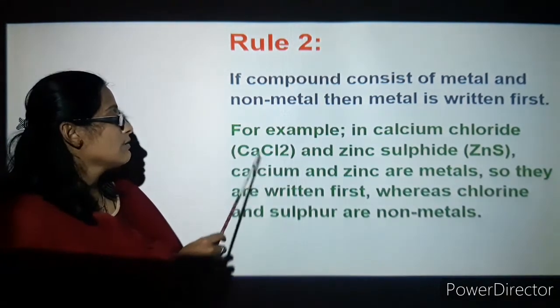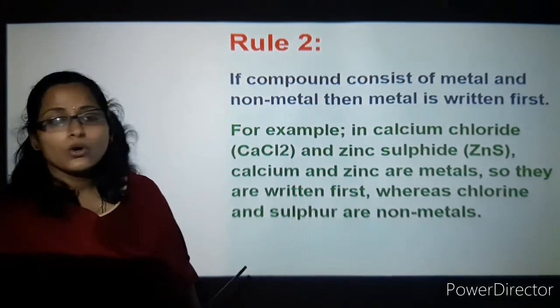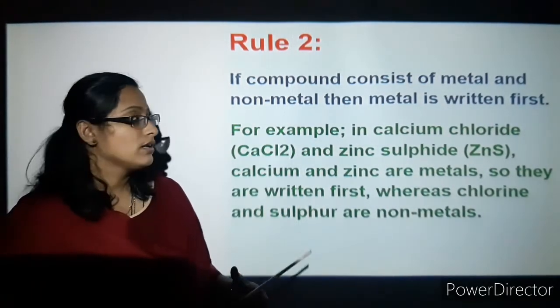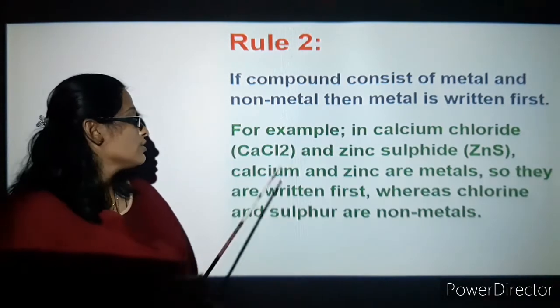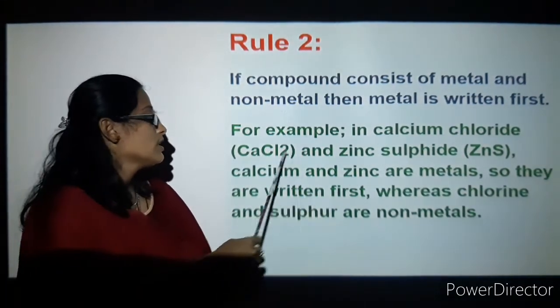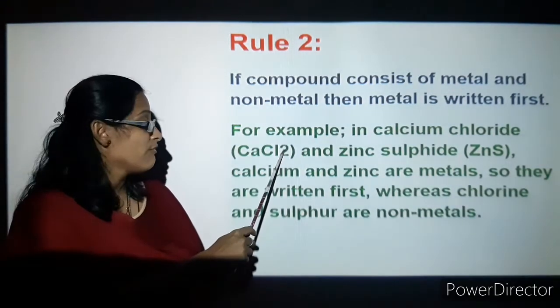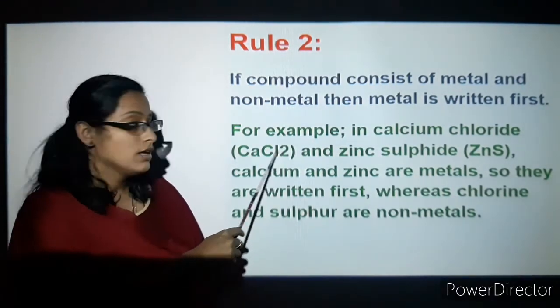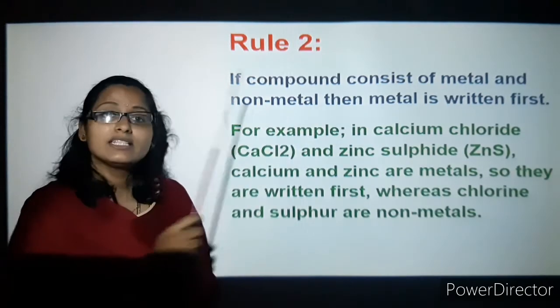For example, in calcium chloride, you will write calcium as the metal, and chlorine as a halogen, so it's a non-metal group. So CaCl2. Ca is for calcium, Cl2 is chloride. But don't get confused here. From where did this 2 come from? It is calcium's valency. And chlorine's valency is 1.